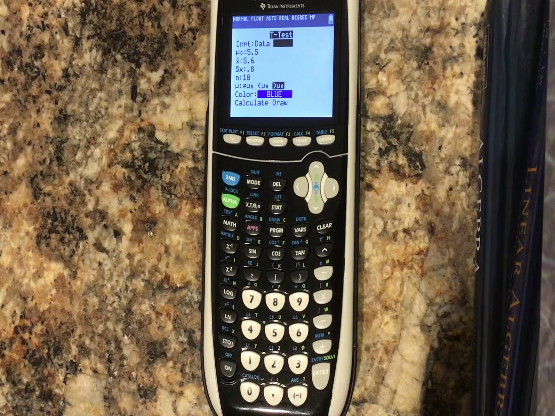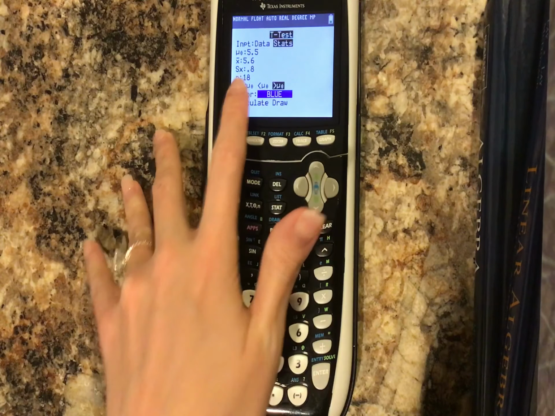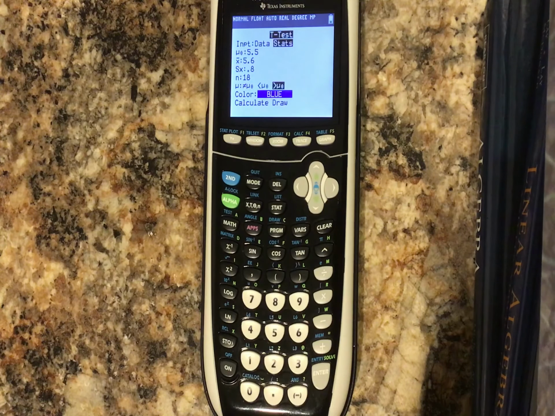Now we've been given statistics in this problem. We know what our sample mean is. We know what the sample standard deviation is, on a calculator it's denoted Sx. We know how many things were in the sample, and we know whether we're looking at a does not equal, a less than, or a greater than problem.